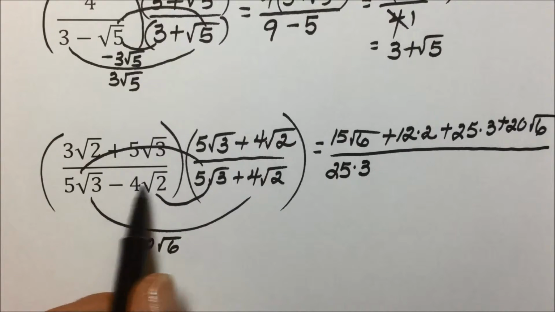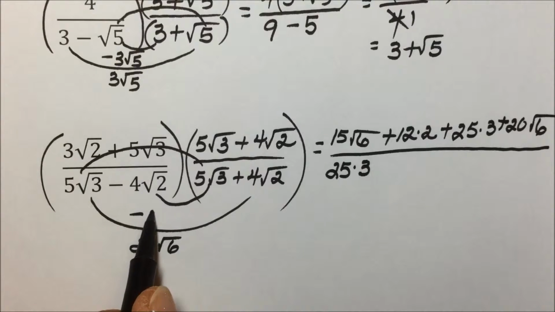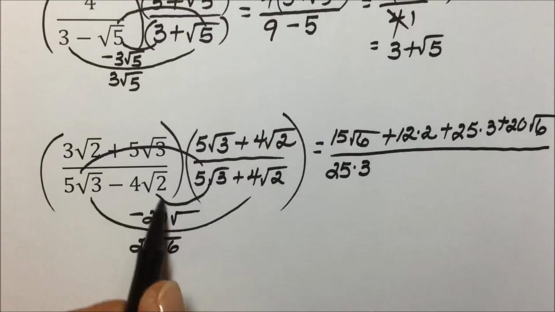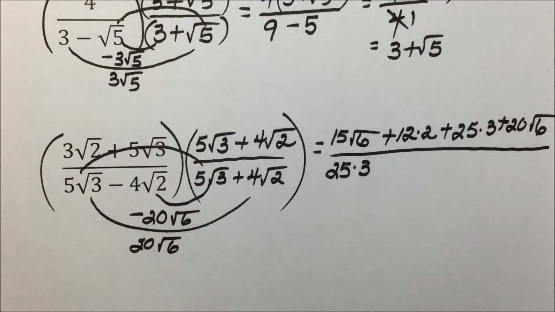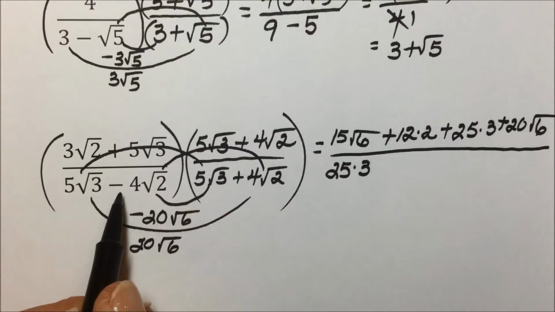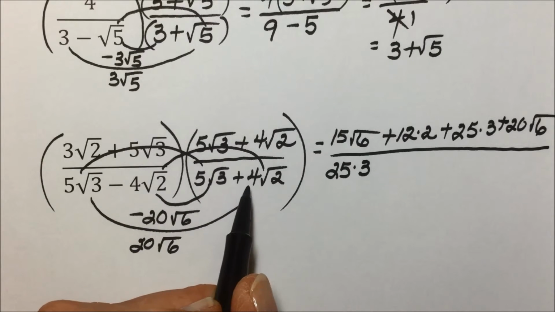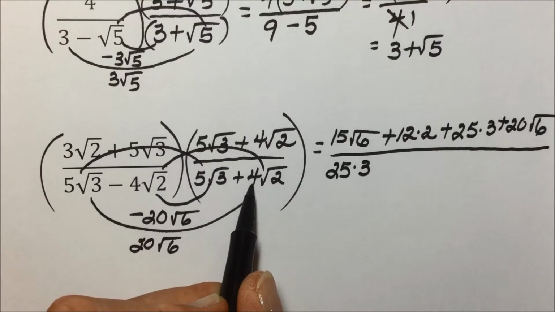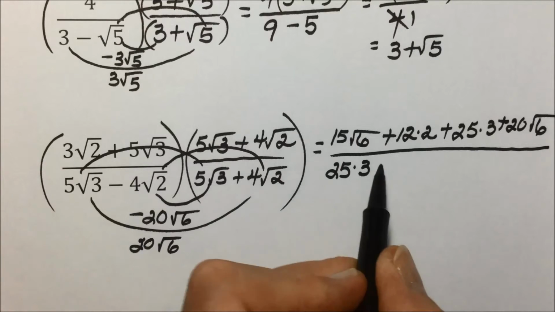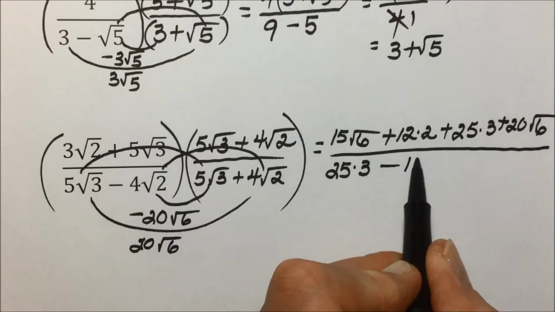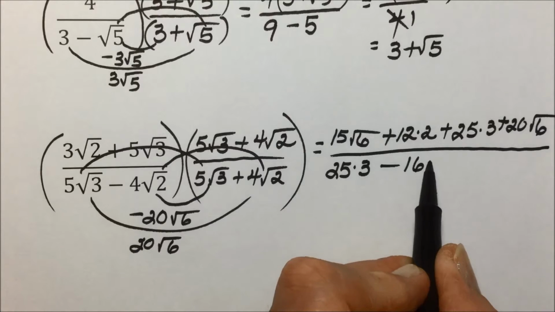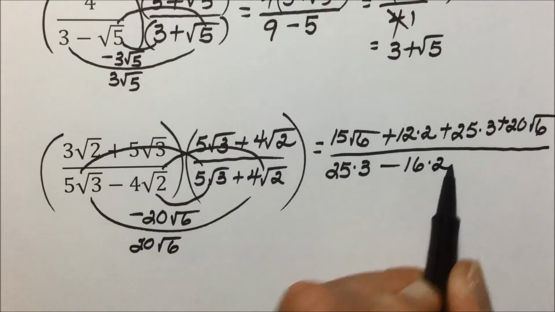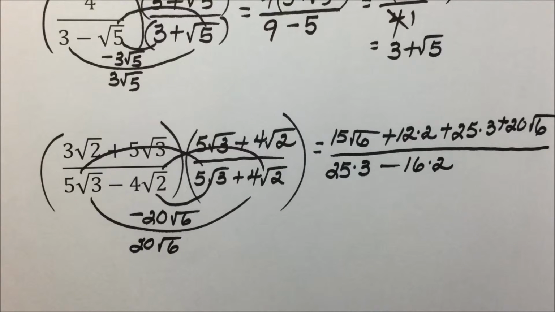Our inside, a negative times a positive, would be a negative. 4 times 5, 20. Square root of 2 times 3 is square root of 6. Those two terms are opposite, so when added together would cancel out. And last terms, a negative times a positive. The number out in front gets multiplied for a negative 4 times 4, or 16. Square root of 2 times square root of 2 is square root of 4, resulting in 2.